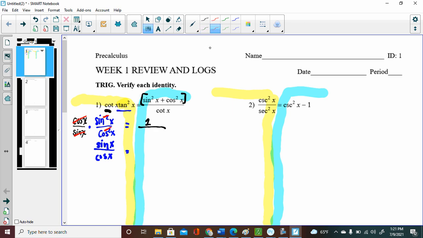On the bottom, I have cosine x over sine x. That's what cotan x is equivalent to. If I want to get this out of the denominator, all I need to do is take the reciprocal, right? This flips over and becomes sine x over cosine x. And then I'm back to where I started.